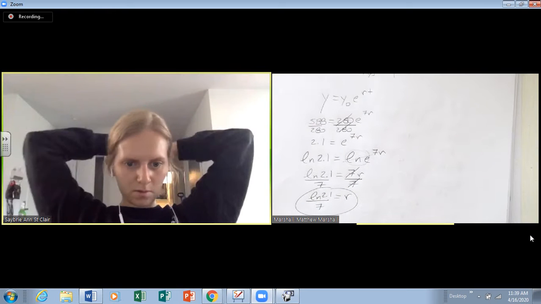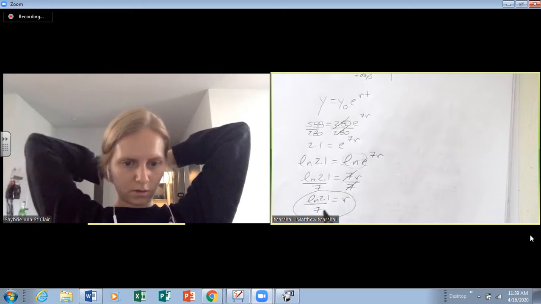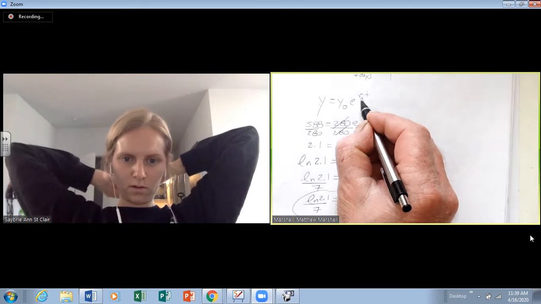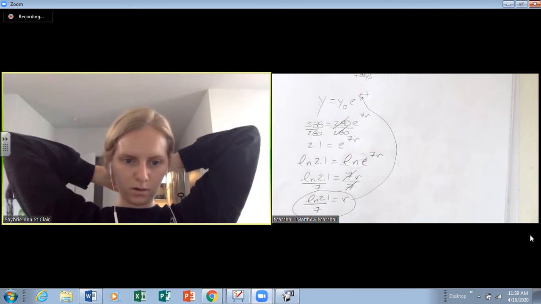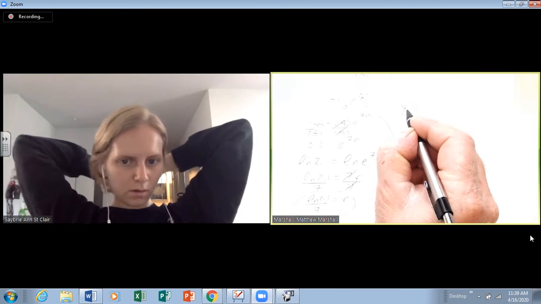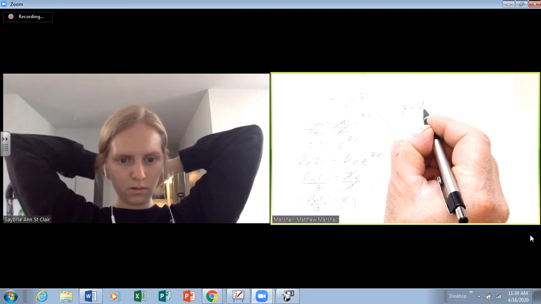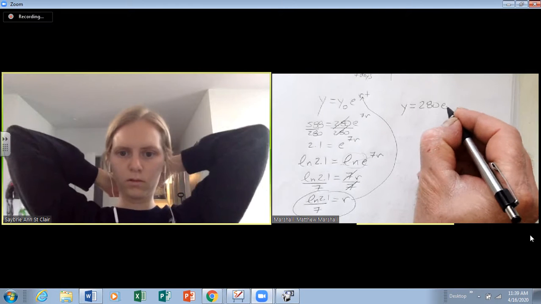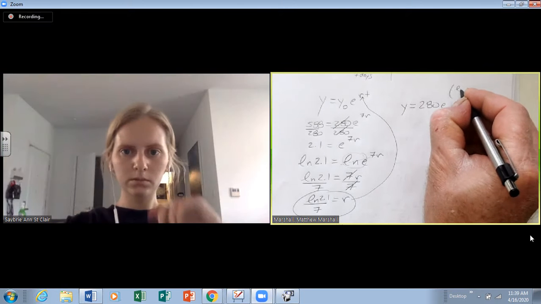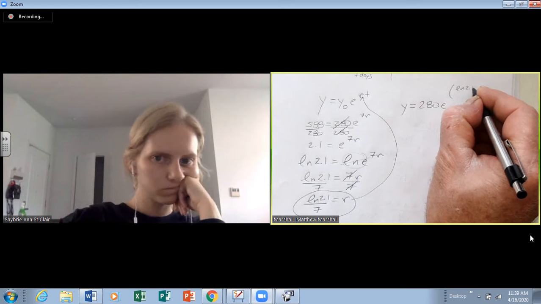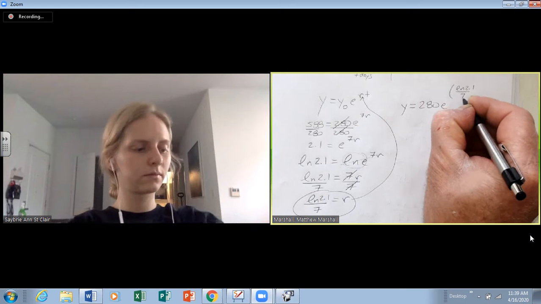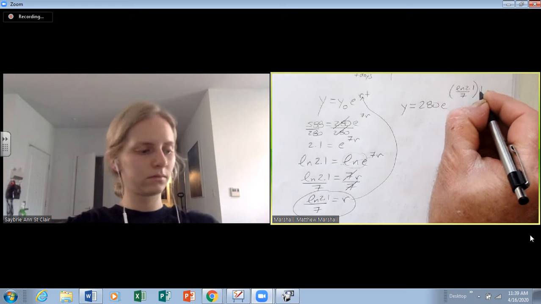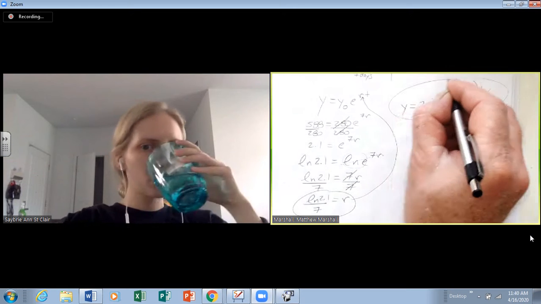That I'm going to take and plug all the way back into here. So my final answer for part A is y equals that initial amount 280 e to the natural log 2.1 over 7 t. That's the answer to A.